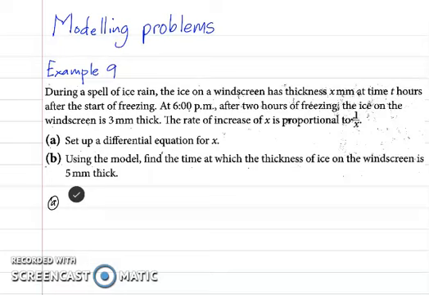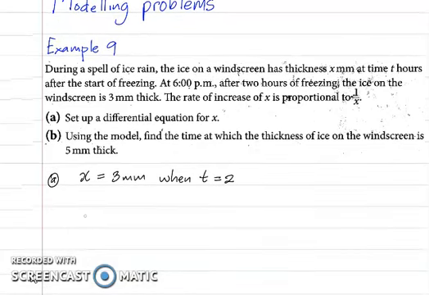So this is saying that x, the thickness, is equal to 3 millimeters when t is equal to 2. So the value of x and t here corresponds to a boundary condition. Let's continue reading. It says the rate of increase is proportional to 1 over x.